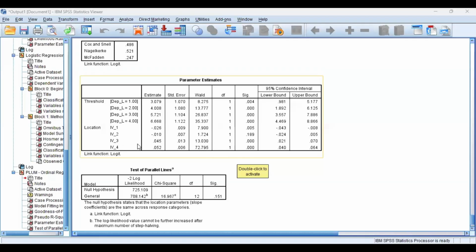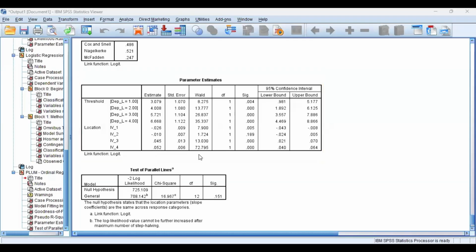That means that it can increase the odds of having a more severe level of depression, or a more elevated level of depression for your participant. That means that if we have higher levels of IV3, our participants are more likely to have a depression level that is closer to severe levels compared to normal levels.